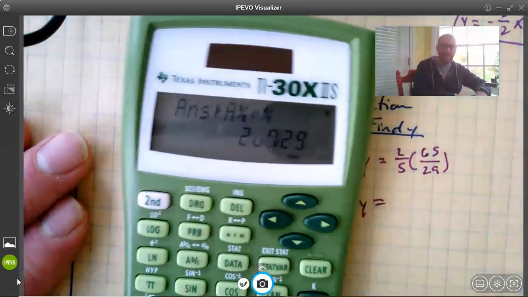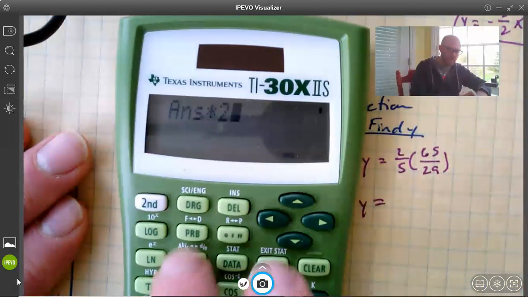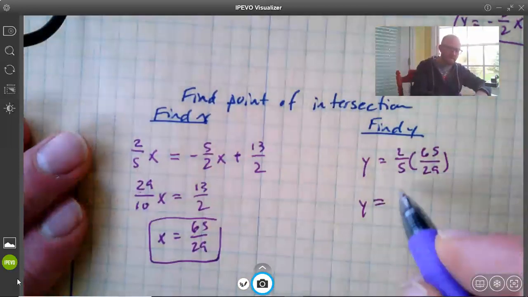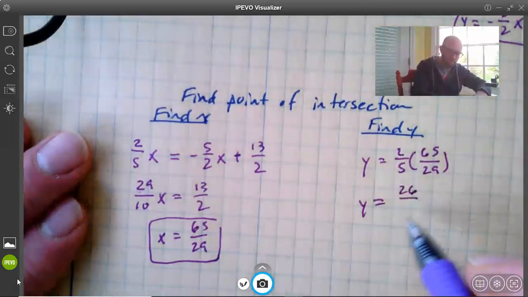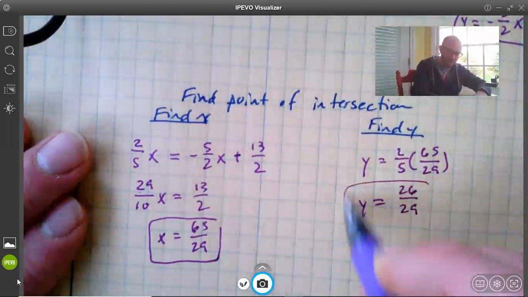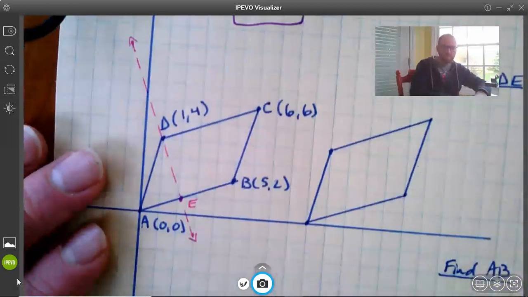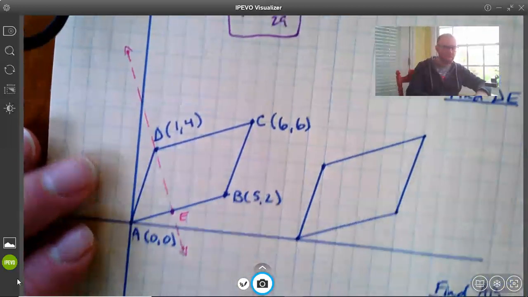So take that and multiply it by 2/5, and that gives us 26 over 29, which is a little bit less than 1. If you look here, it does look like our y-coordinate is a little bit less than 1. So again, that seems reasonable.